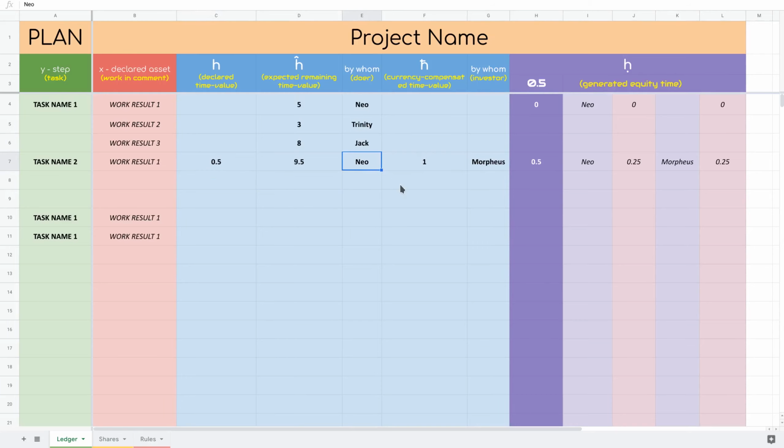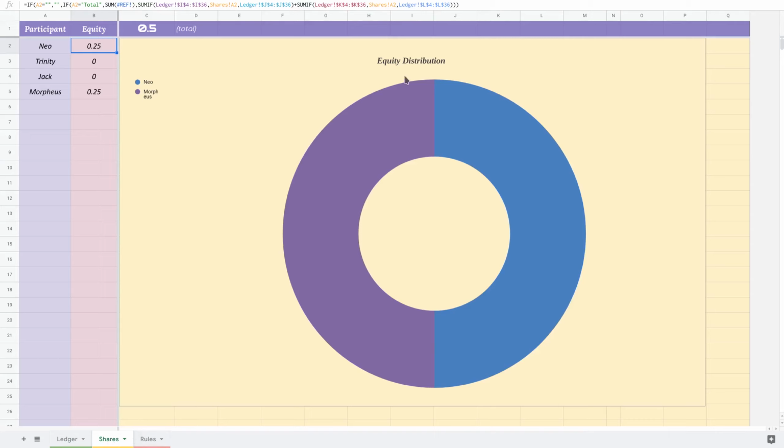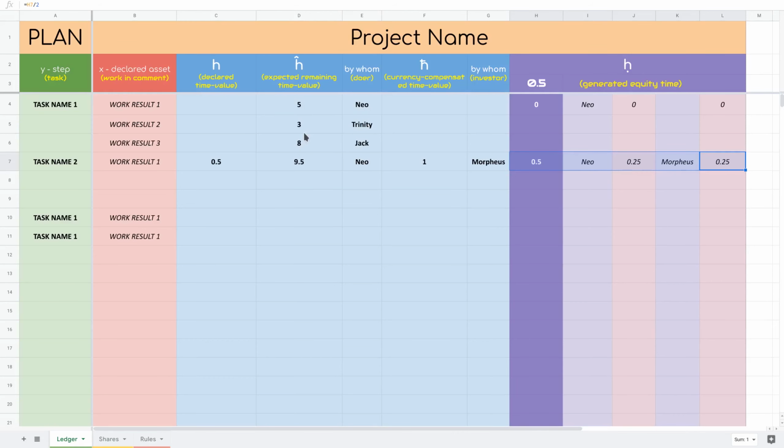So Morpheus only covered 0.5, so the shares created are only 0.5. So basically, there is one result that Morpheus and Neo own together in equal parts. Now you can click on the shares and see the distribution between Morpheus's and Neo's ownership.